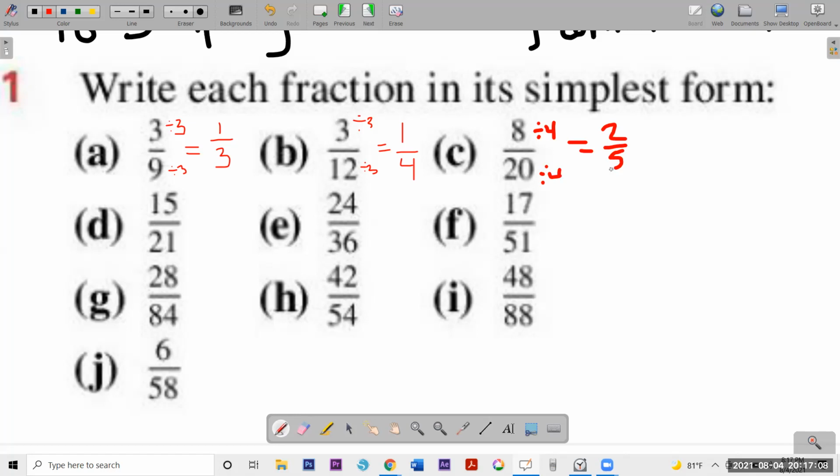All right, what about D? What's the answer for D? So we're doing D and E. Somebody said 5 over 7.